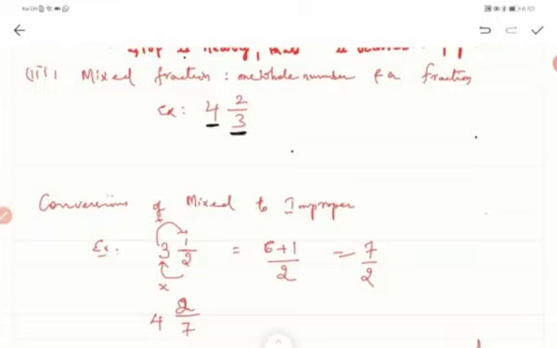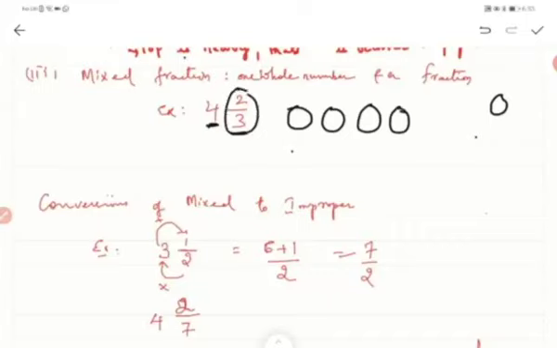See, if I take this as 4 2 by 3, I'll represent this in pictures. Suppose I take a circle, I'll represent it with a circle. So I have 4 full whole circles, and one circle is in fraction.